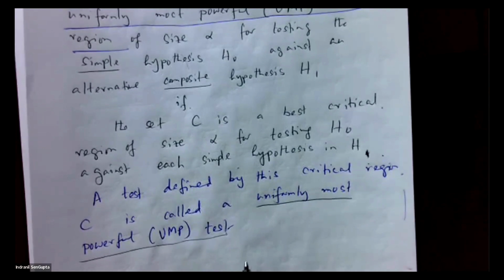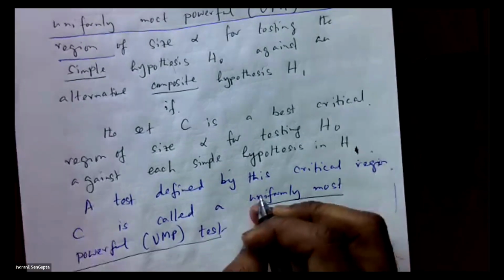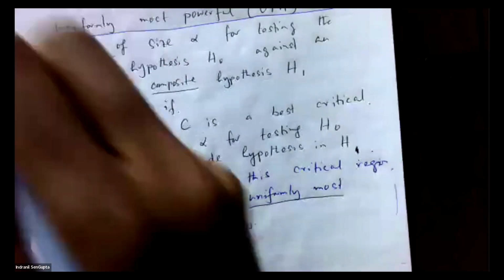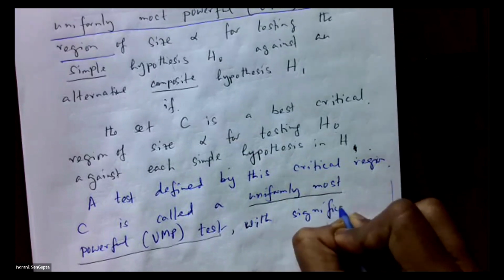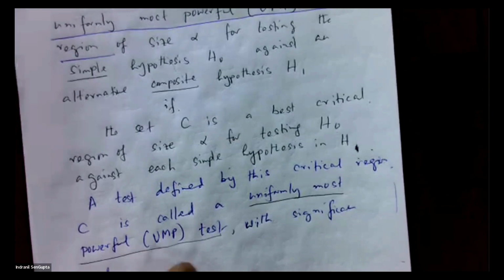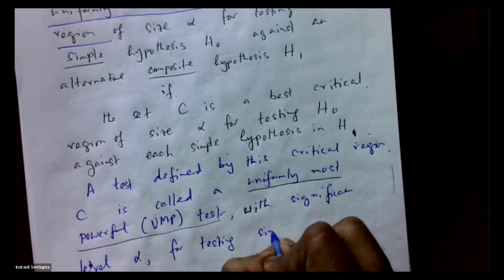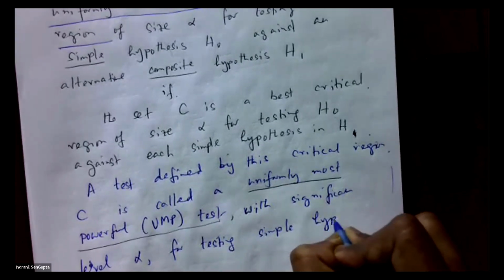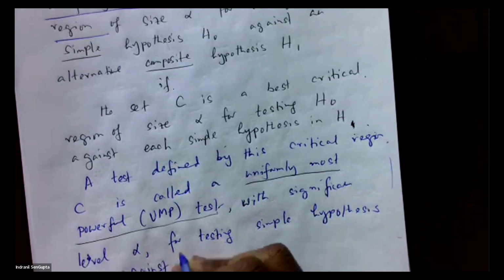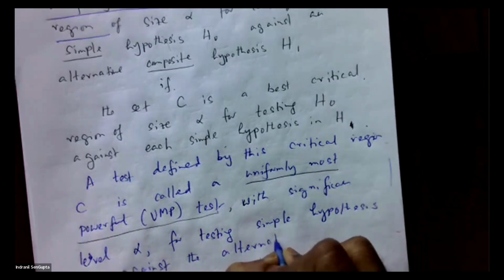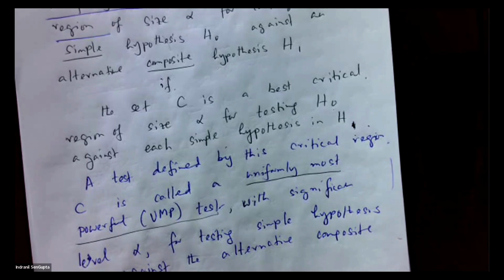We have done it before, and now we are defining the uniformly most powerful critical region, and based on that, the uniformly most powerful test with significance level alpha for testing the simple hypothesis H0 against the composite alternative hypothesis H1.